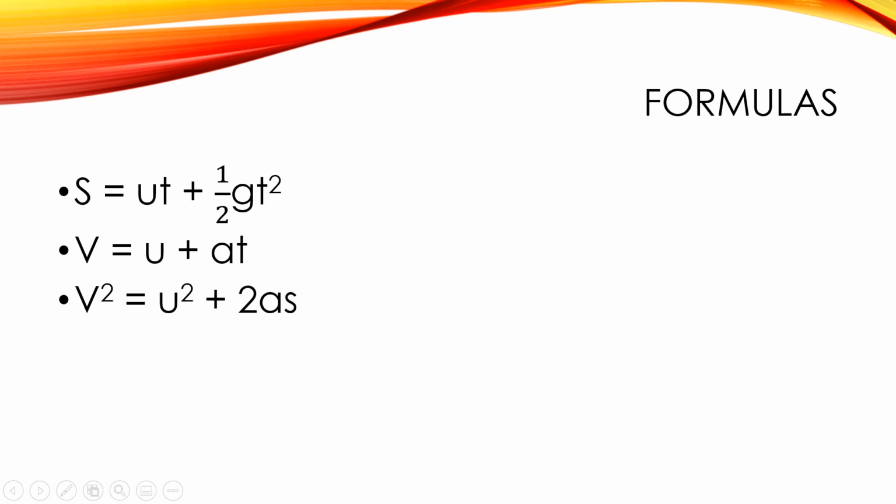So the u here represents the initial velocity for both components, the vertical component and the horizontal component. The s is the displacement of the object travel. g and a are the acceleration due to gravity. t is the time taken for the object to travel.